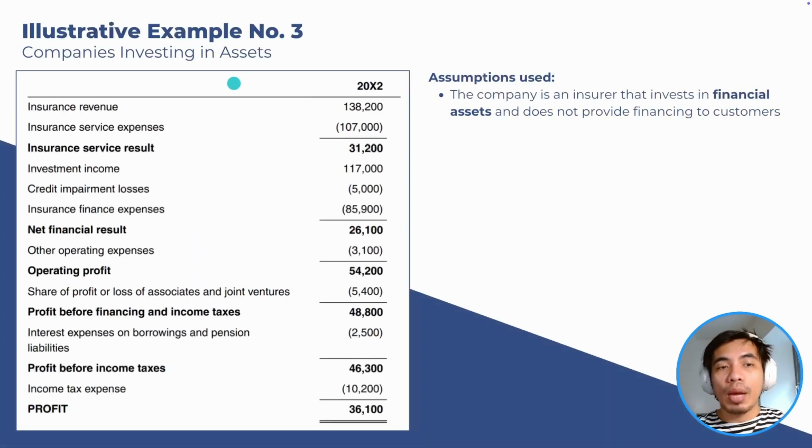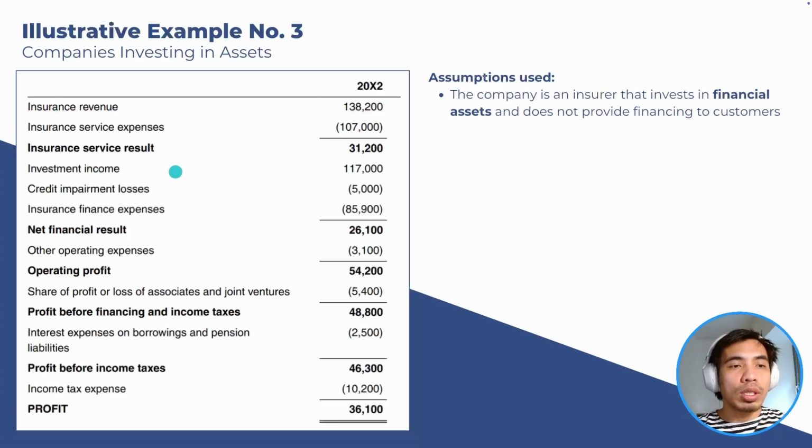So illustrative example number 3 is a type of company that is investing in assets. In this example, it's an insurer that invests in financial assets and does not provide financing to customers. So it's purely financial assets. It means that the income and expenses from cash and cash equivalents should also be in the operating category, right?